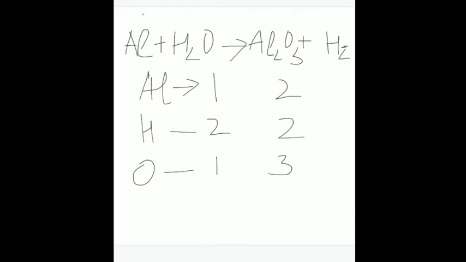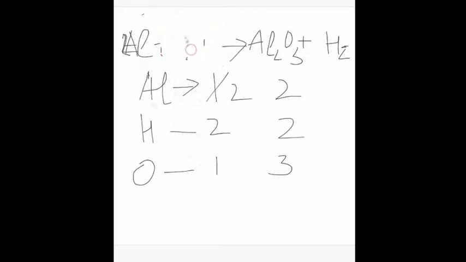Now in order to balance it, what do we do? First we will balance aluminium. So we write 2 over here, 2Al, that means this has also become balanced. Now we have to balance the number of oxygen atoms. Is it clear? So what do we do? We put a 3 over here. This becomes 3H2O.